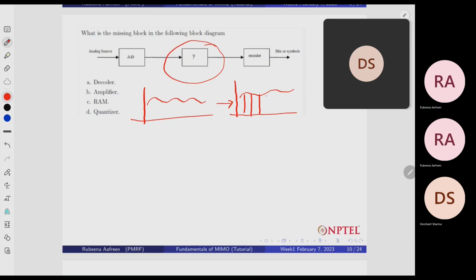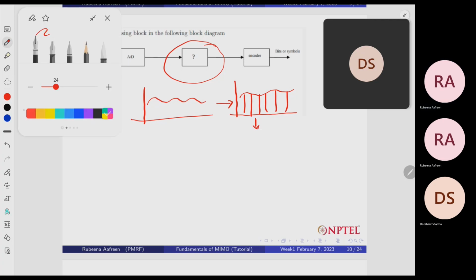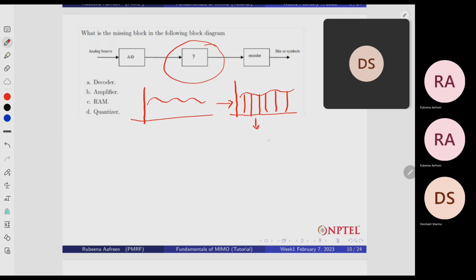So after sampling, we will get these equally spaced signals.